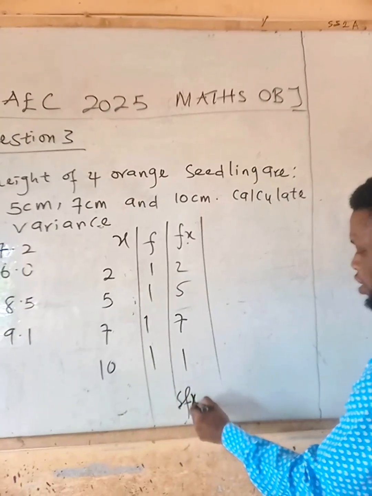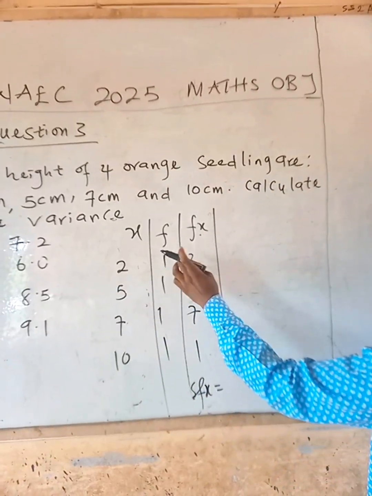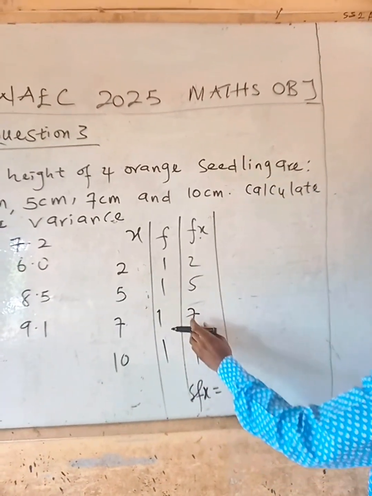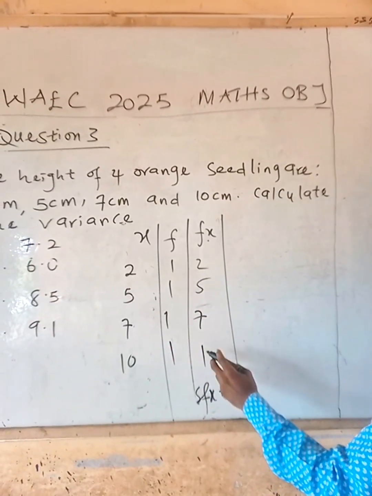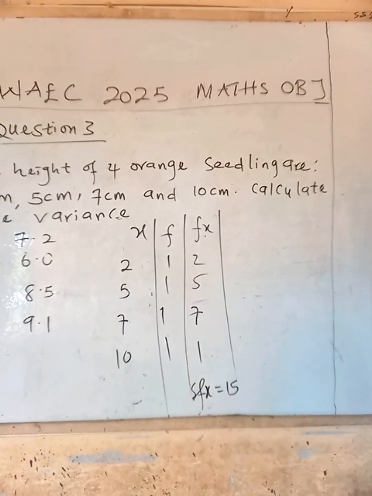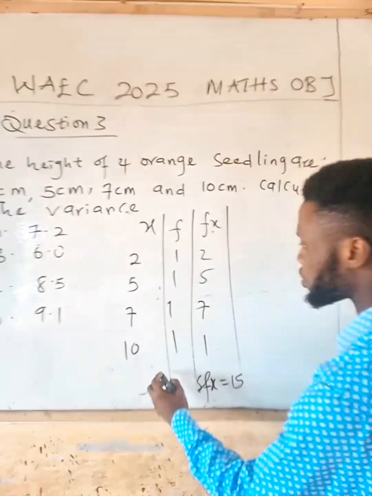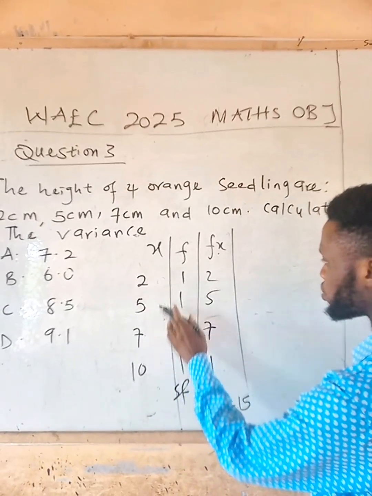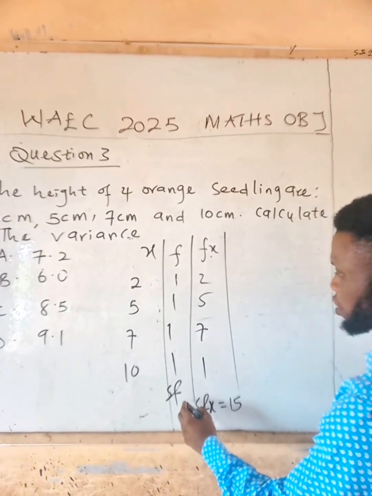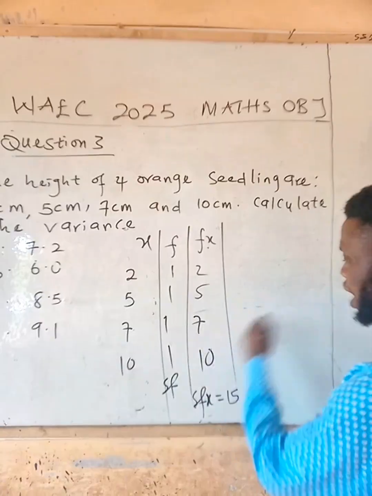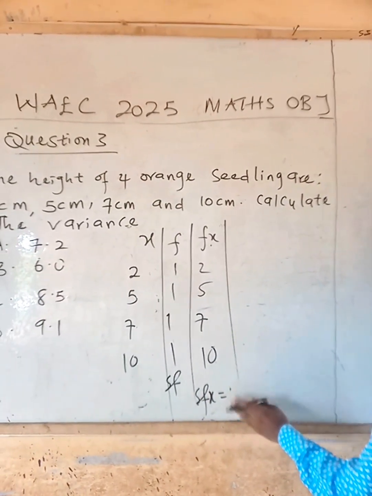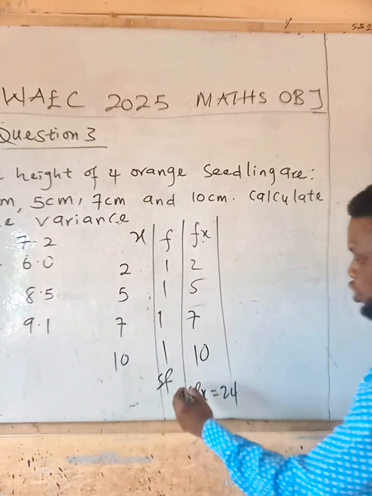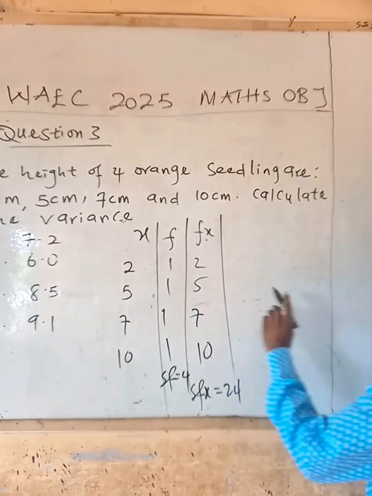Summation fx is 2 plus 5, so that is 7, plus 7, that is 14, plus 10, this gives 24. And summation f is 1, 2, 3, 4. Summation f is 4.